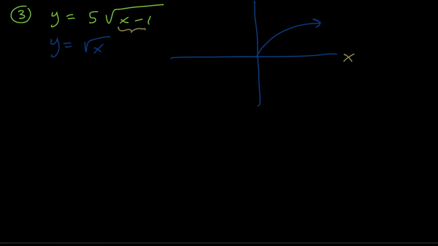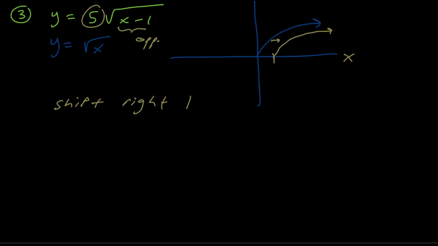But when it's grouped with the x like that, it has the opposite effect. Minus 1 actually is going to shift it to the right one, like that. And if it was plus 1, it would shift it to the left one. So for this one, the first step here we could say is shift right 1. Okay, now what about this 5 here in front?